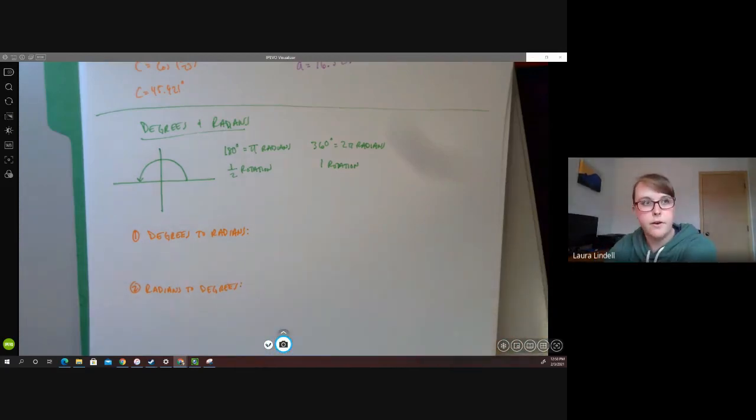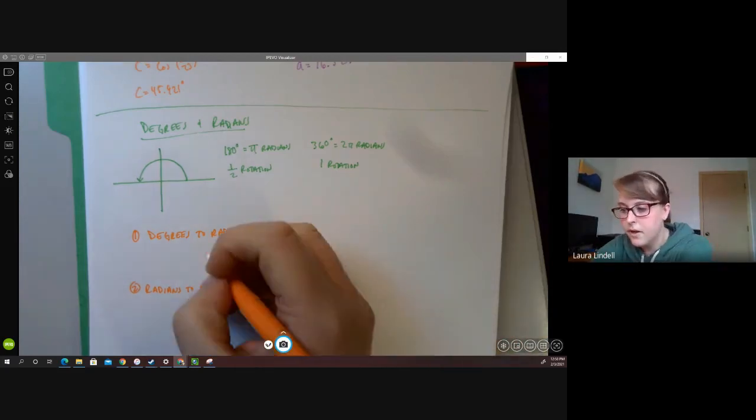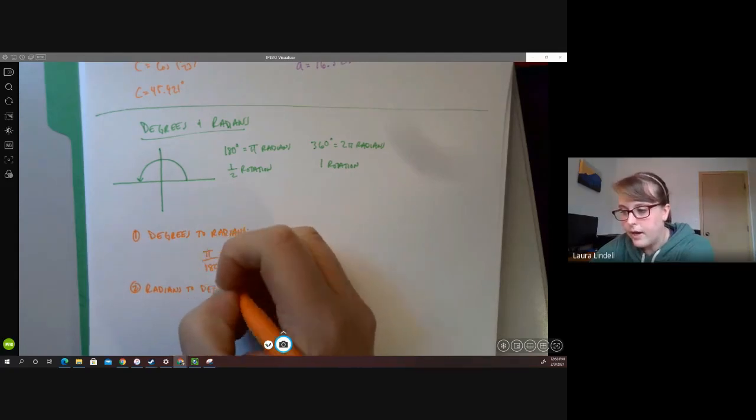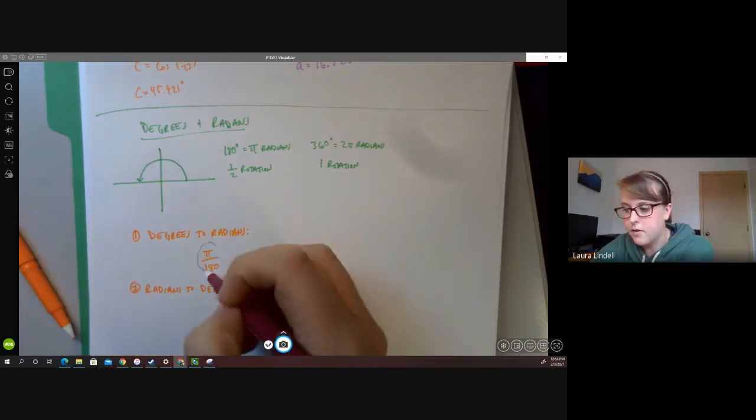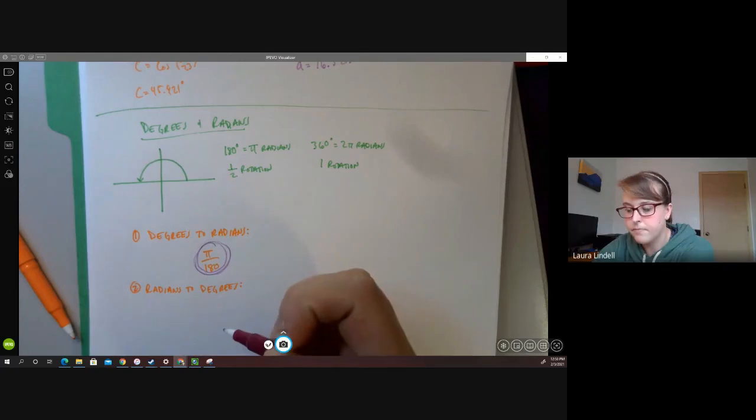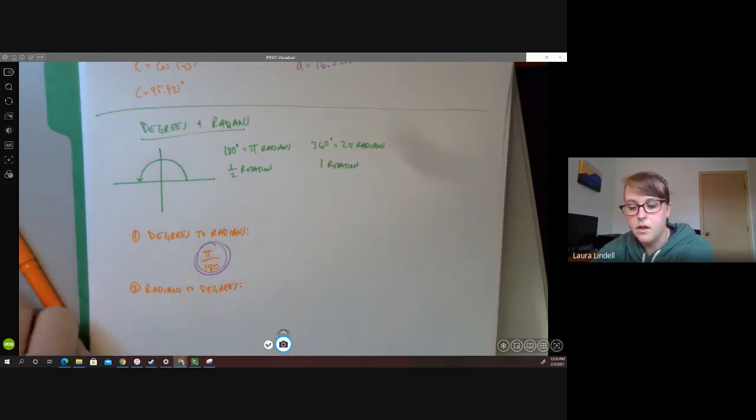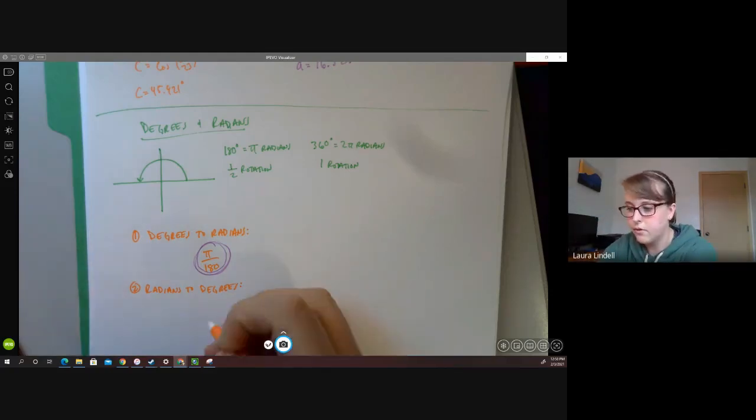When you're converting degrees to radians, we want to use pi over 180 as our conversion factor. And then when we're converting radians to degrees, we want to flip that, and we're going to use 180 over pi.